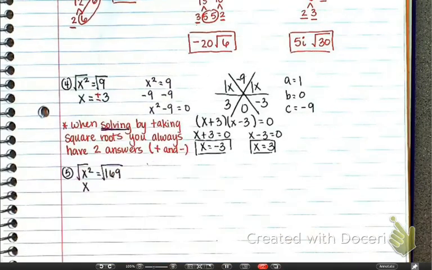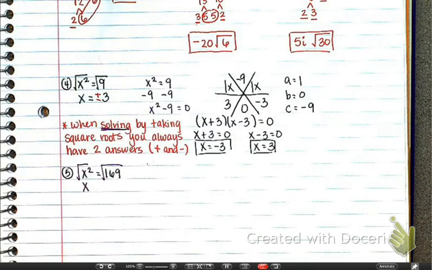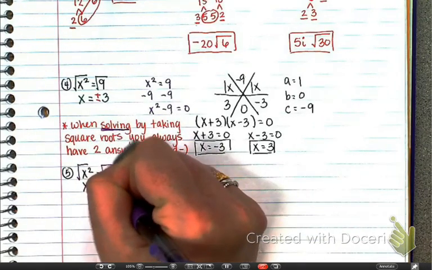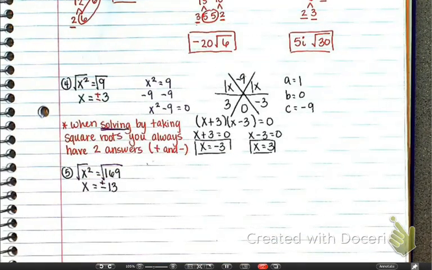X. Careful with this next question. I'm solving. What's the square root of 169? 13. I'm solving. Plus or minus 13. Anytime you solve by taking square roots, you have a plus and a minus of that answer.